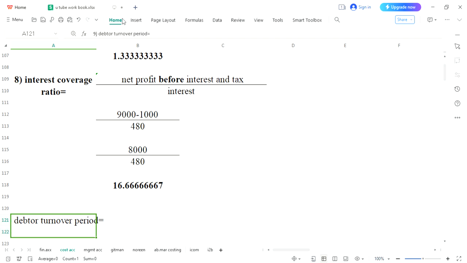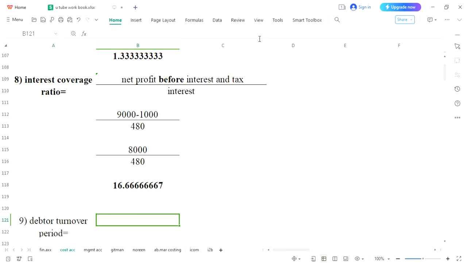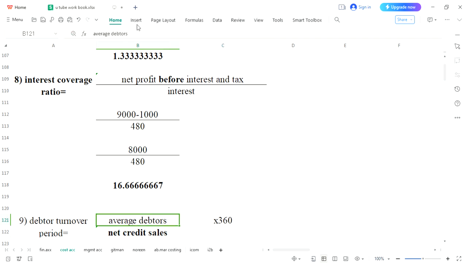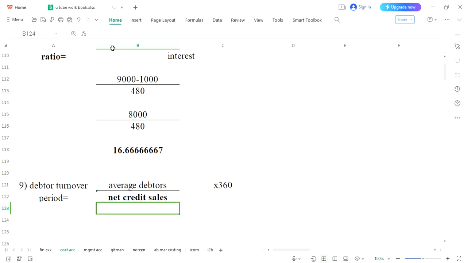I'm sure you have the formula in your mind: average debtors divided by net credit sales, and then you can multiply it with 360, 365, or 366. First we will multiply it with 360. If something does not match with the answers, then we will change it, otherwise you will put 360.